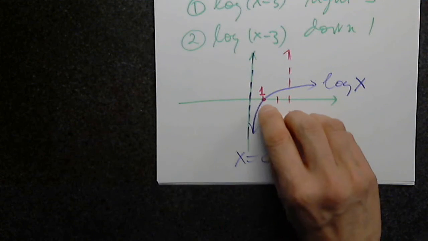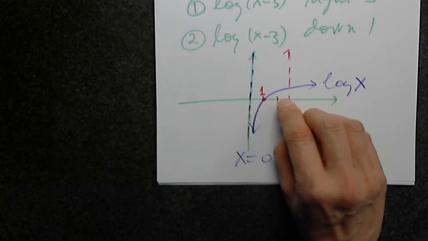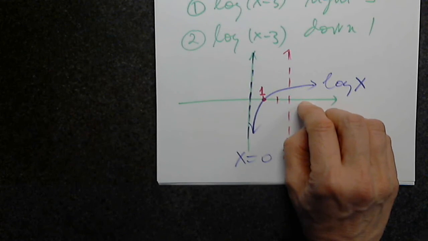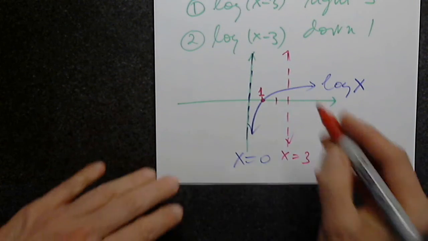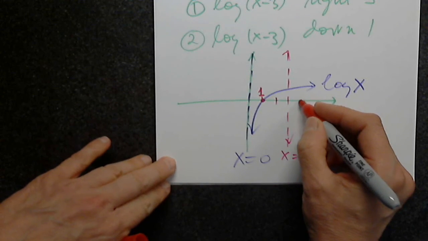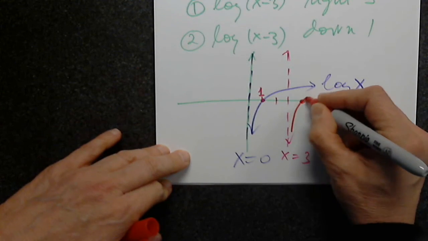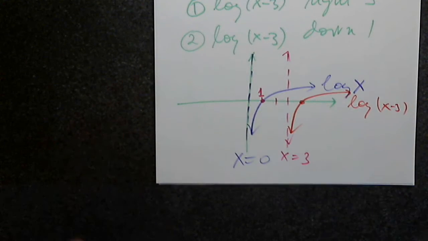This reference point will go 1, 2, 3. Where does it go? 2. What point is this? Very good. Indeed. So this is log of (x minus 3).